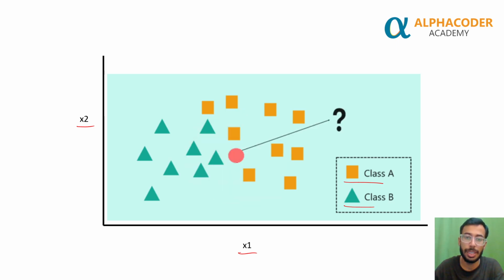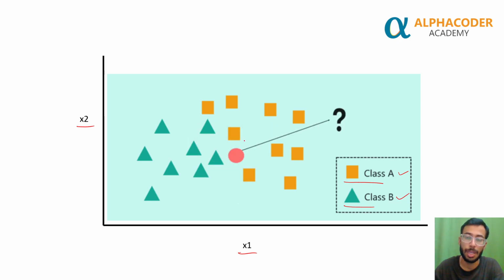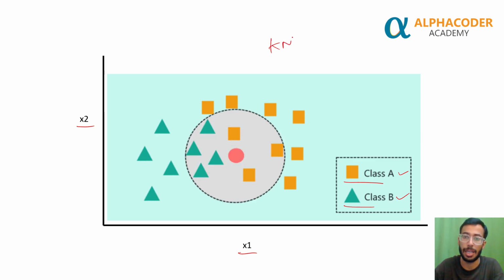We need to classify this particular circle into one of these classes, either class A or class B. How do we classify this unknown data point is the challenge, and that is what we will try to solve using our KNN algorithm.